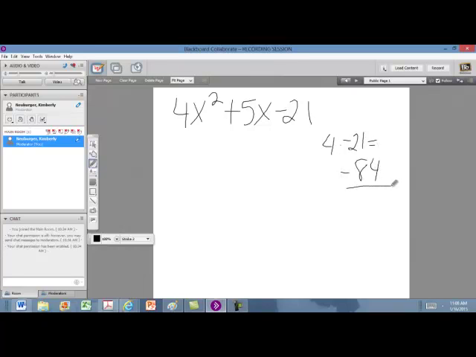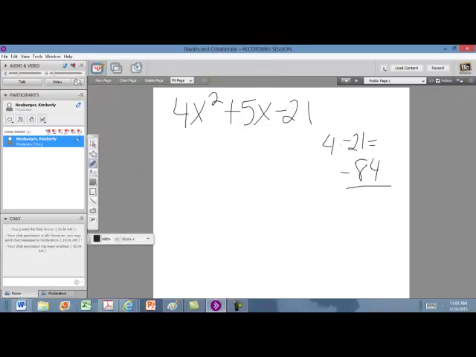And then you list the factors of 84 to try to come up with this 5. Because the 5 came from adding 2 like terms in the middle when it was FOILed out. So if we look at it, 84 is quite large, but we can list all the factors of it fairly easy.